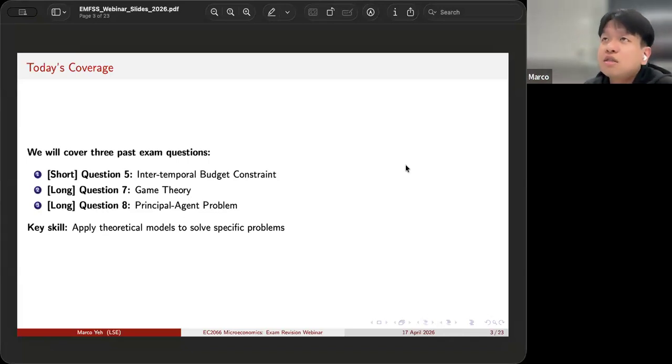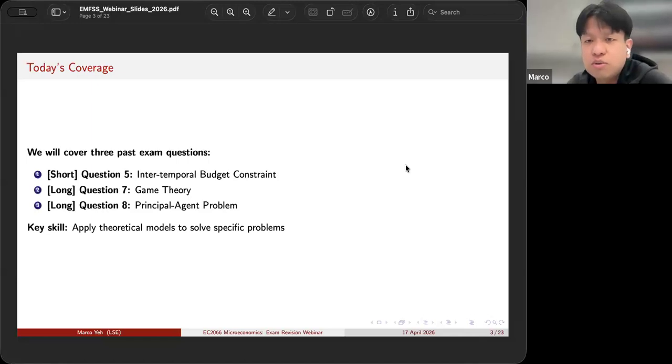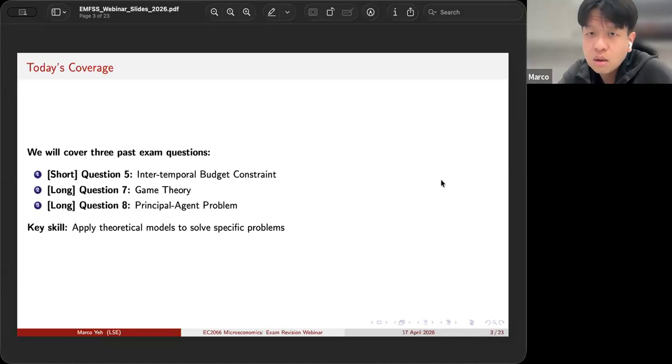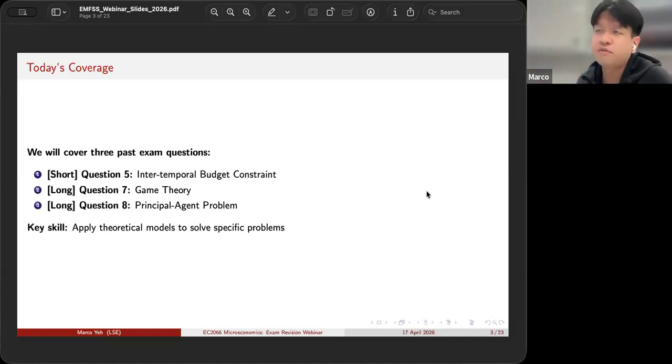But anyway, in this case, the marks will be standardized. In terms of the marking, I believe it's going to be moderated, so don't worry too much. There should be a standardization process. But I would say you should expect the difficulty more or less the same as the past exam paper.